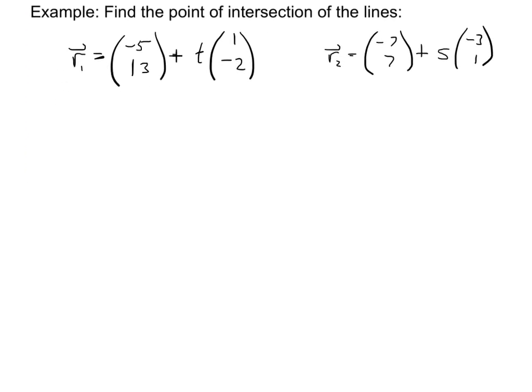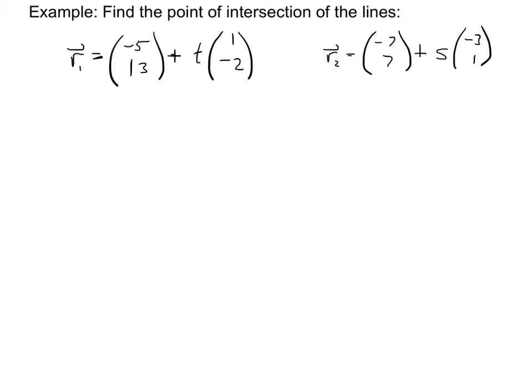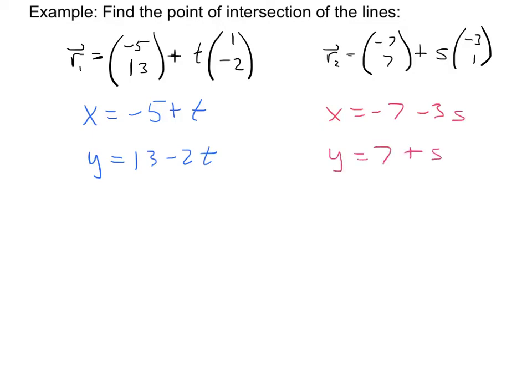We said that the first step was going to be for us to take this thing and write them in their parametric forms. So that means that x equals -5 plus t, and y equals 13 minus 2t. So that's that line. The other line, I'd like you to pause the video, make sure that you can write that one on your own. You should have x equals -7 minus 3s, and y equals 7 plus s.